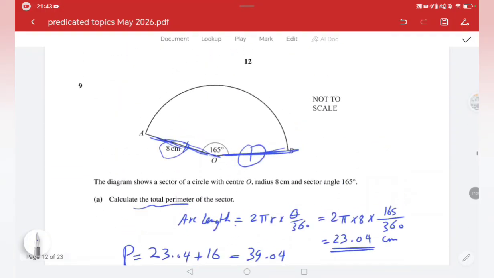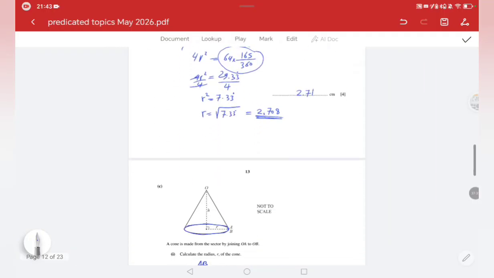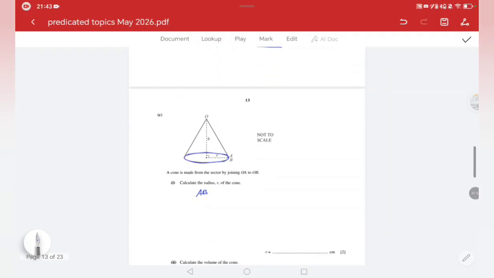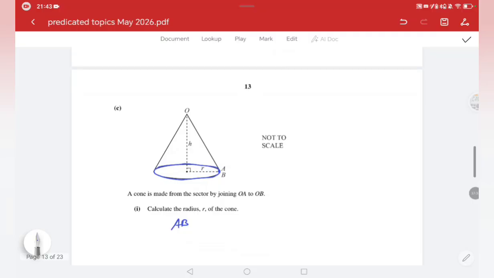Look at the graph, AB there was the arc length. So the arc length AB is the same as the circumference of the cone.